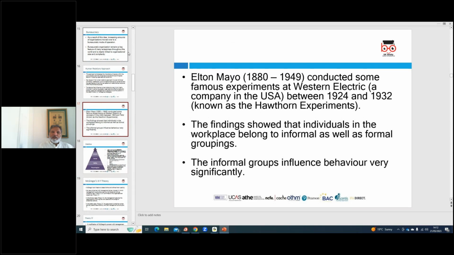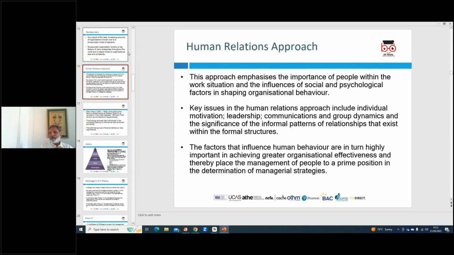He studied people in different groups in an electrical company called Western Electric, and he came up with this human relations approach. Now this approach was very important because he considered people not as machines. He didn't put them into a particular slot, but he considered them as humans.